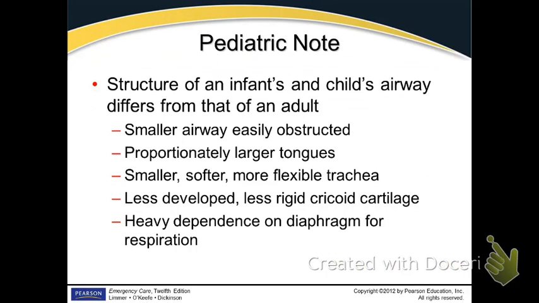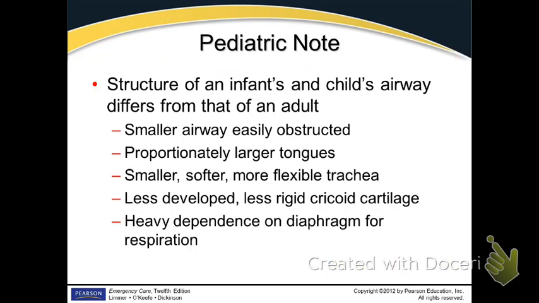Remember, in the pediatric patient, they have a smaller airway, can be obstructed very easily. The tongues are huge. They grow into their tongue. Trachea is more flexible. That's why we have to leave them in a sniffing or a neutral position. And they're belly breathers. So they will breathe with their bellies.